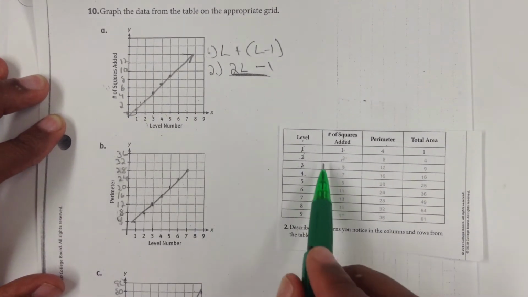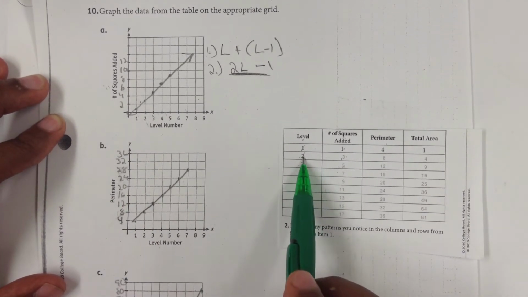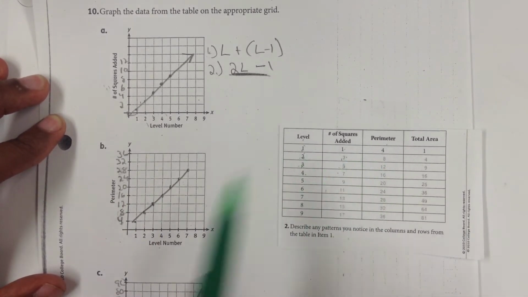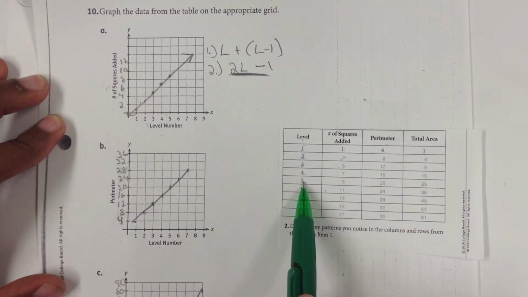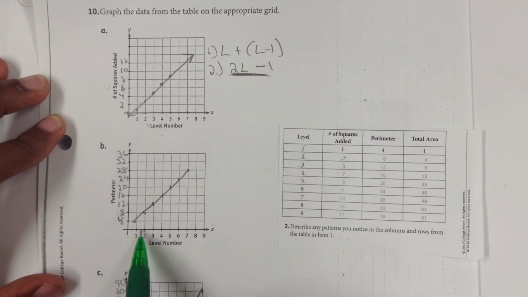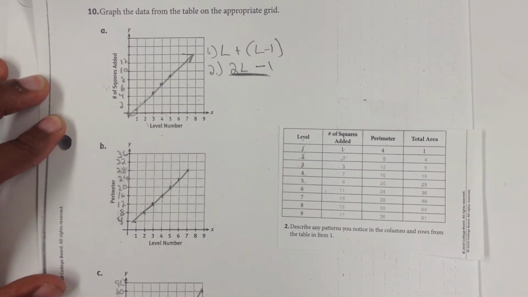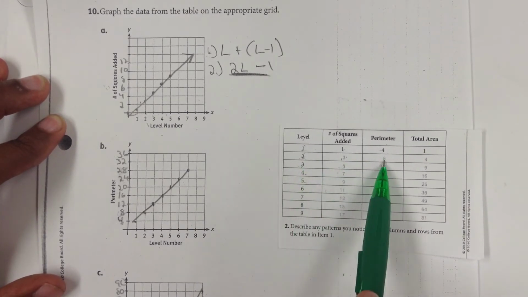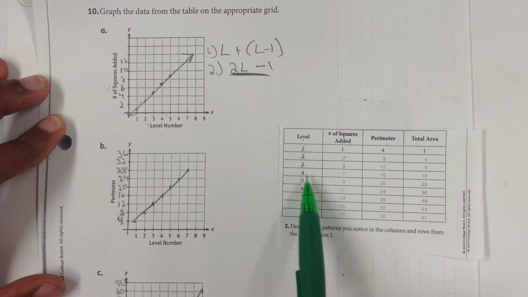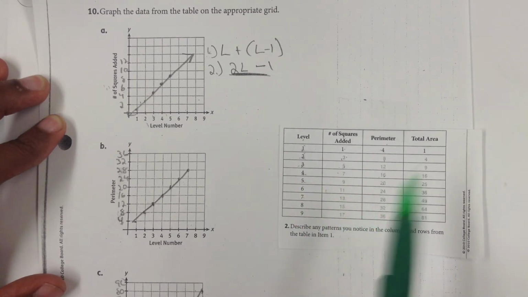Again, first of all, from the chart I ask, how did I go from level number to perimeter? Level 2, the perimeter is 8. Level 5, the perimeter is 20, and so forth. What is the pattern between level and perimeter? 4 times 4, 5 times 4, 7 times 4.